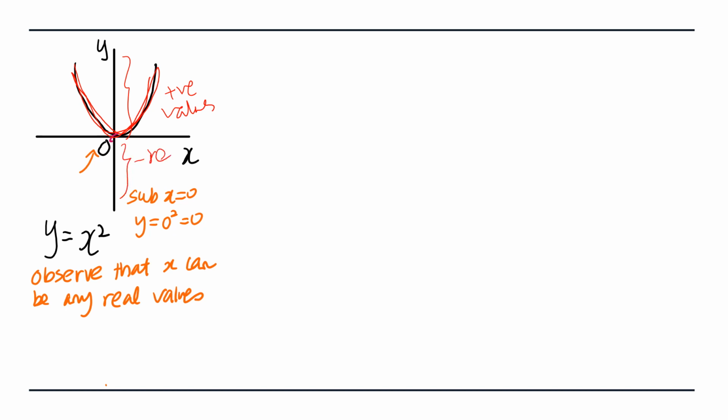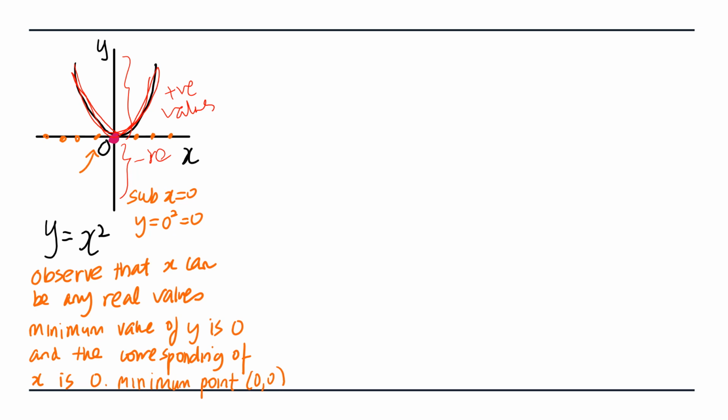So your curve is exactly above the x-axis, so x squared will always be more than or equal to 0. Therefore, the minimum value of y is 0, as observed from the curve, and the corresponding value of x is 0. So the minimum point is (0, 0).